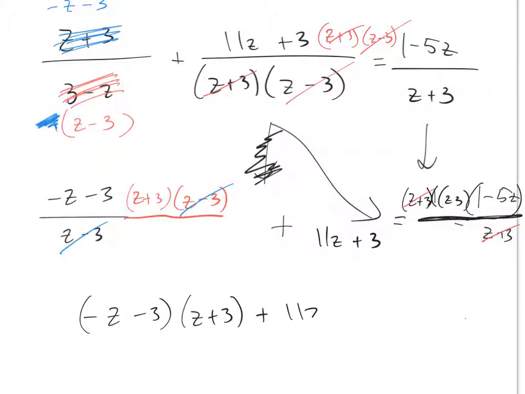The second one is 11z plus 3. And on the right side, this is really z minus 3. This will be z minus 3, and then 1 minus 5z.